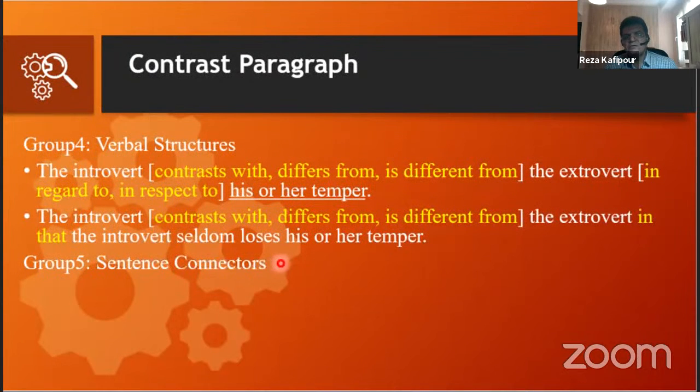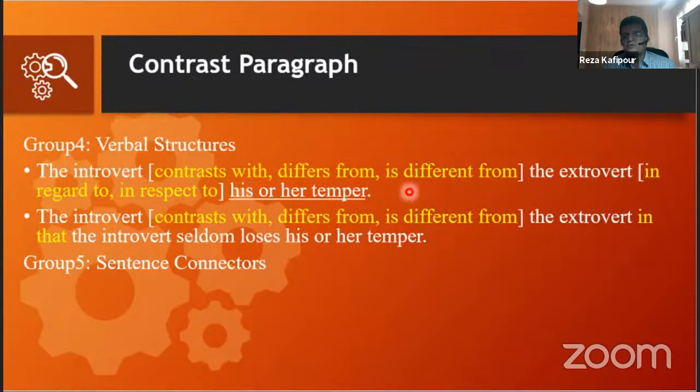But sometimes you are going to provide more information as a minor supporting sentence. You may use this structure, "in regard to his or her temper," and in the next sentence as the minor one, discuss that this one loses his temper quickly, but that one will not lose the temper quickly, for example.